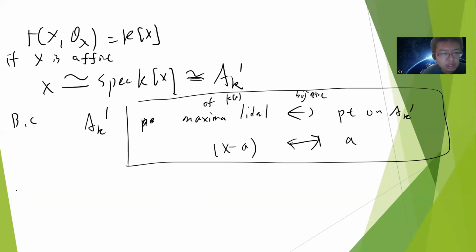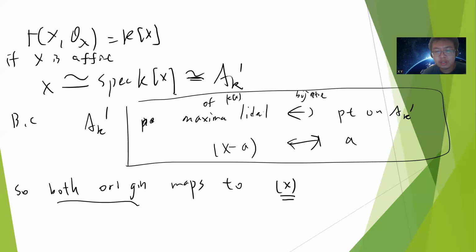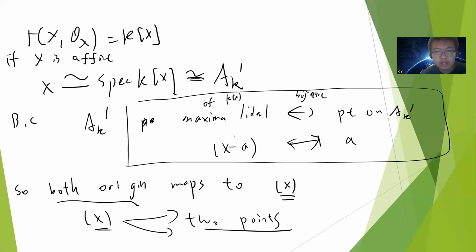But since we have a double origin, both origins map to the same ideal (x), or conversely, this ideal (x) corresponds to 2 points. Then this is not an affine scheme.